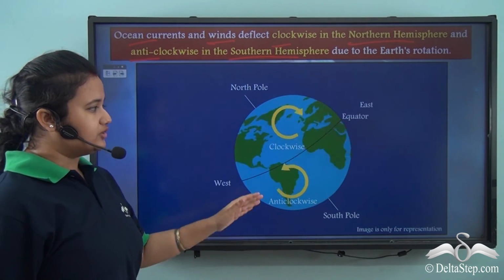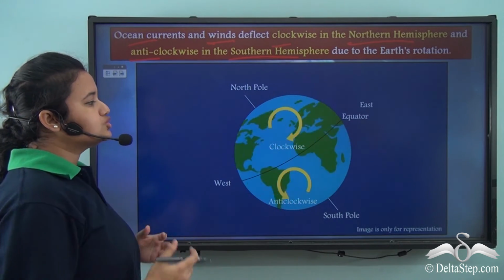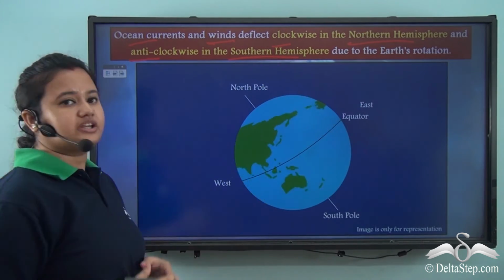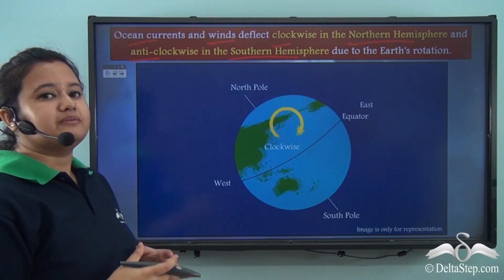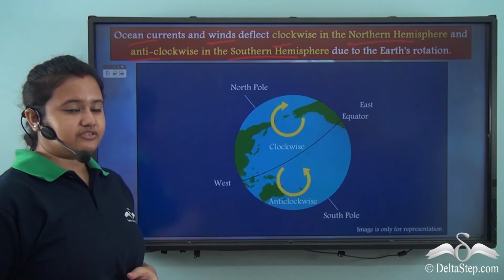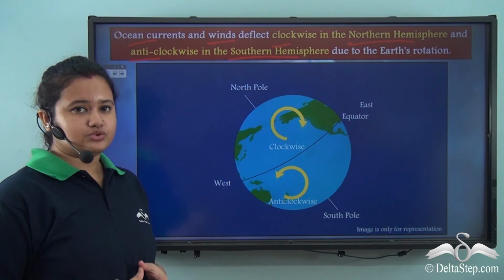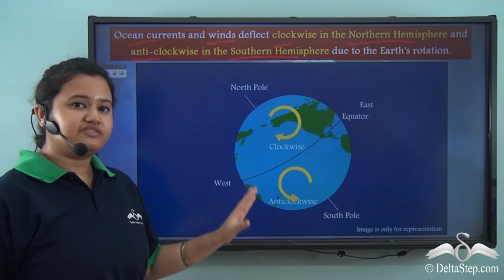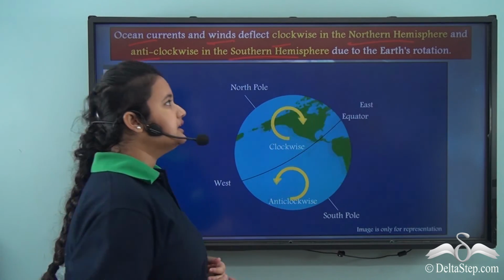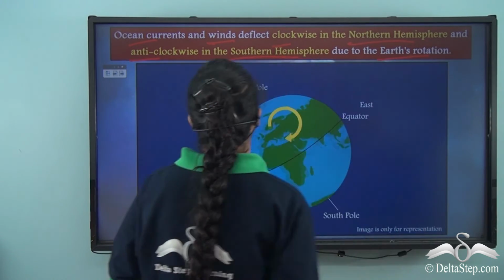See, in this video, we can find that the ocean currents and winds move in clockwise direction in the northern hemisphere and in anti-clockwise direction in the southern hemisphere, and this deflection happens due to the Coriolis effect caused by Earth's rotation.